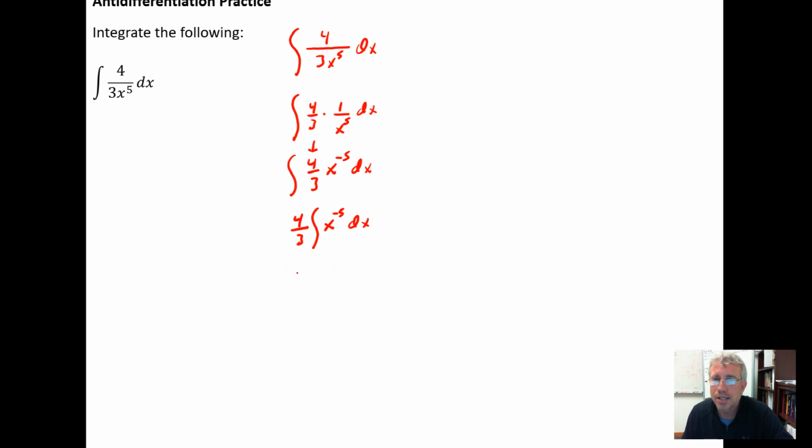So the antiderivative is going to be 4/3 times x to the, we need to add 1 to the exponent, so negative 5 plus 1 is negative 4. The exponent gets 1 bigger. But if you differentiate d dx of x to the negative fourth, you get negative 4 times x to the negative 4 minus 1, which is negative 5.